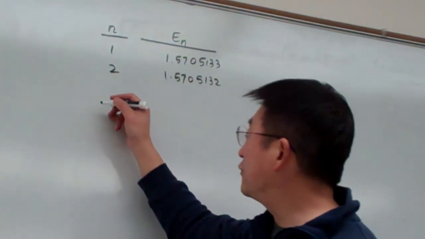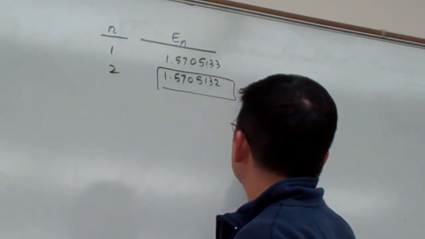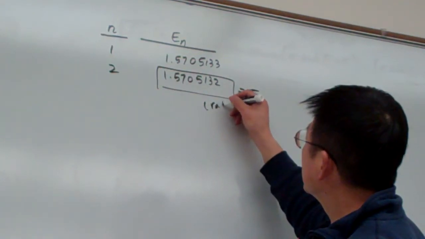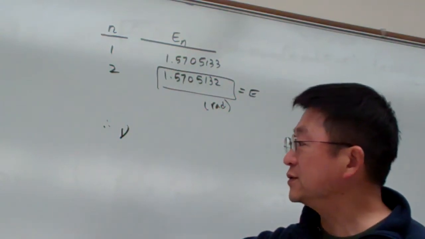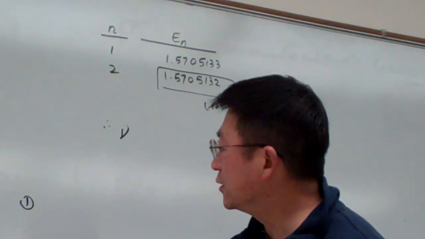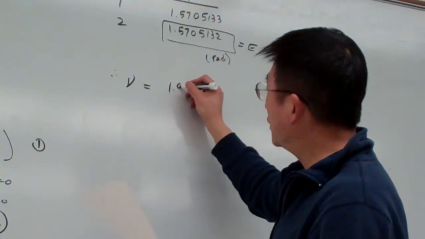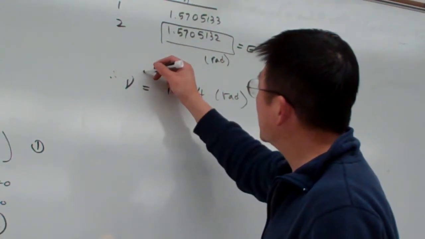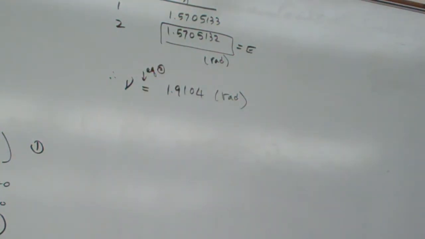So from here, therefore, this is our E value, and that is in radian. So therefore, nu, using these equations, let me equation 1 equal to 2. So therefore, nu is equal to 1.9104 radian. And this one using equation 2. You good?